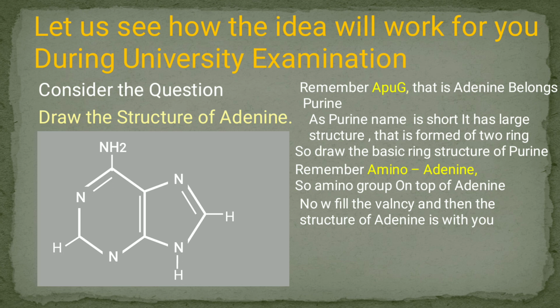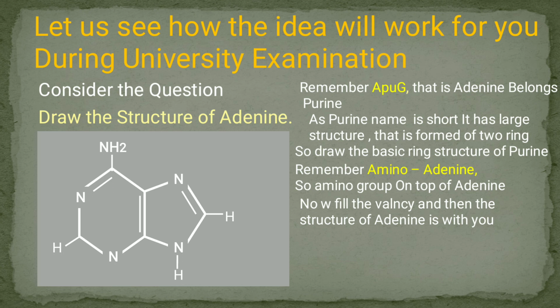And the last thing that you have to keep in mind is the distribution of that particular ring structure. In case of the pyrimidines, you have to keep in mind CUT. CUT means cytosine, uracil, thymine. Cytosine is converted to uracil by deamination. Uracil is converted to thymine by methylation.